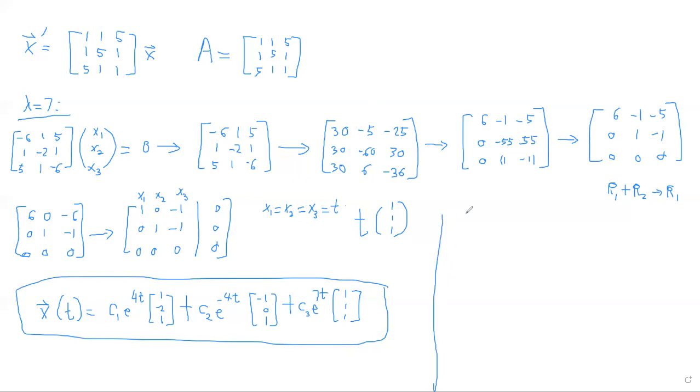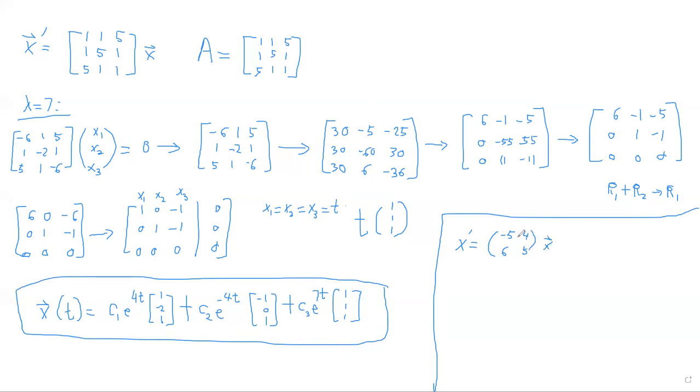I'm not going to do it because I want you guys to do it. Here's a practice problem for you guys to try at home. X prime is equal to negative 5, 4, 6, 5, X.